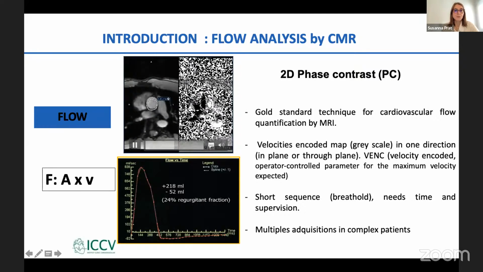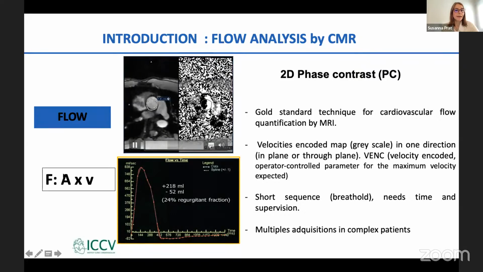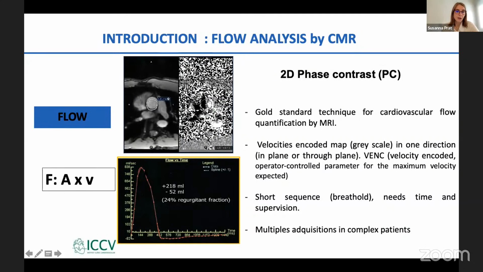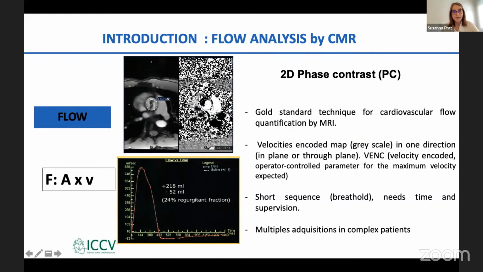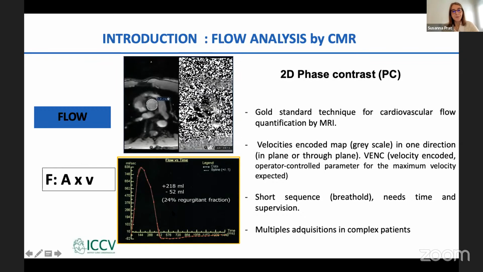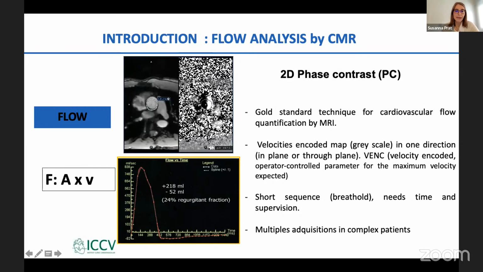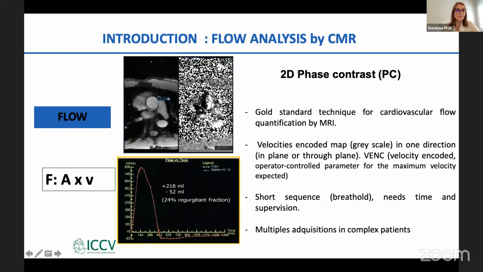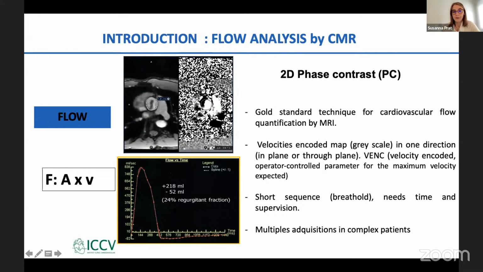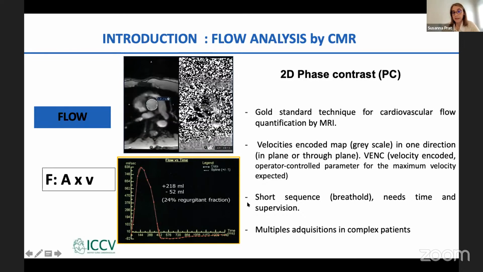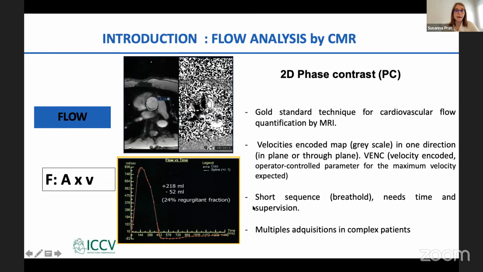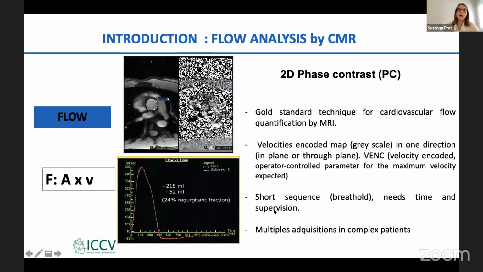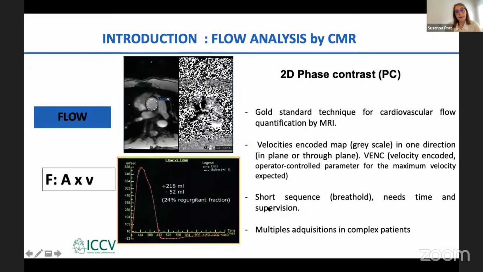From these images we can get the velocities and this nice curve of flow, the systolic flow, as we can see here, and the diastolic flow, which here shows an aortic regurgitation with a regurgitation fraction of 24, and it gives this information for this flow. If we have a patient with complex flows, we'll need multiple acquisitions. For this, these two sequences are time-consuming.